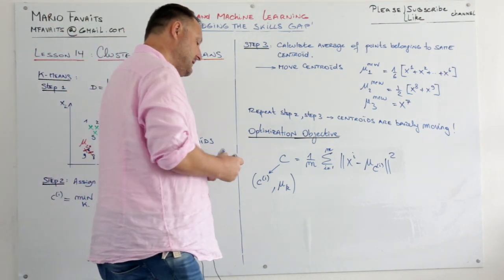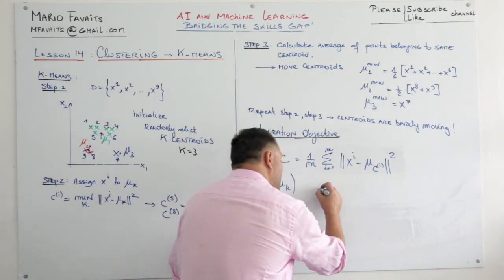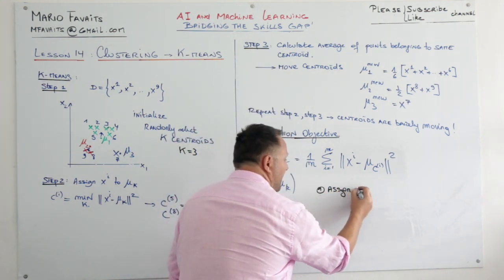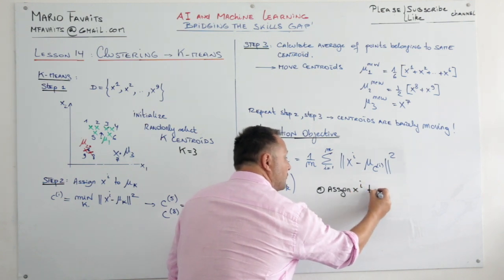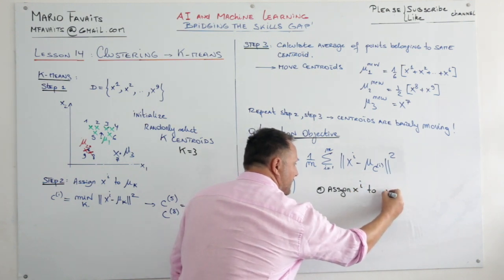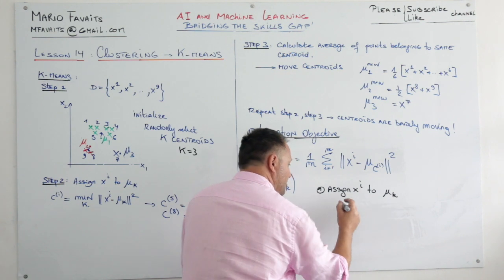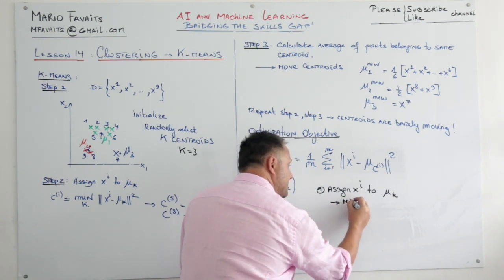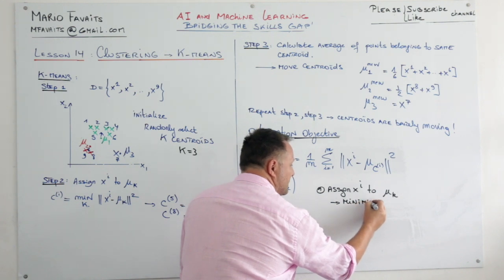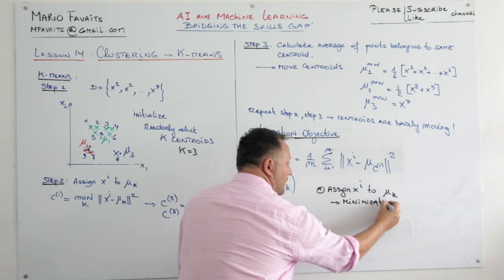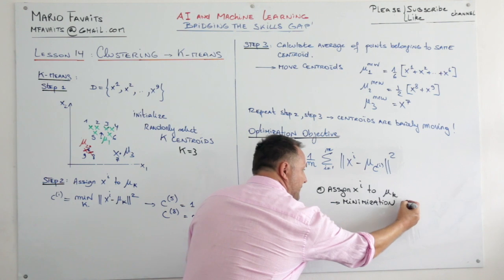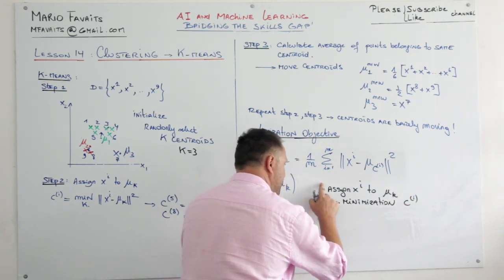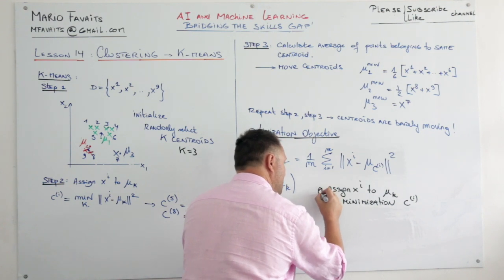So basically what you do is first you assign x_i to a centroid mu_k. So here you do minimization with respect to the c_i's, and this is step 1.